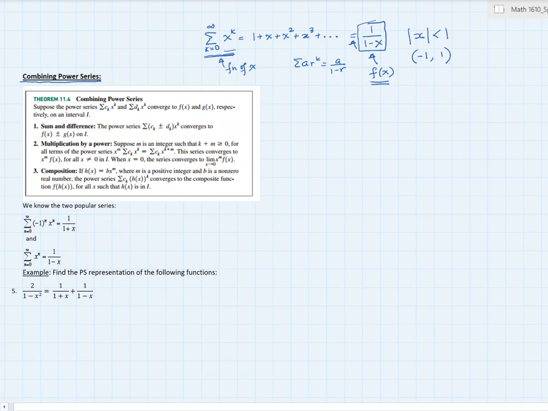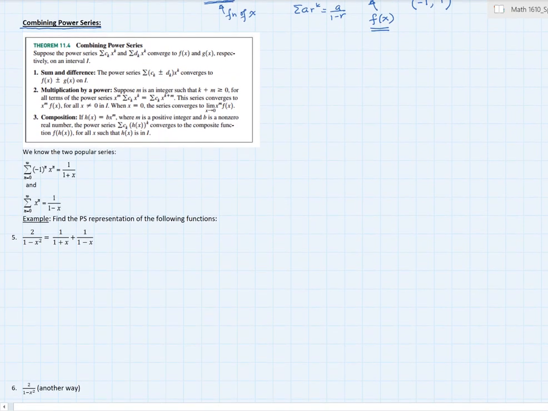Okay, so let's go to this theorem. It says suppose the power series sum of ck x to the power k and another power series sum of dk x to the power k converge to f of x and g of x respectively on an interval I. So this is the interval of convergence.